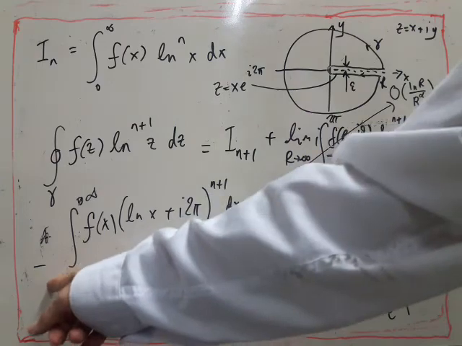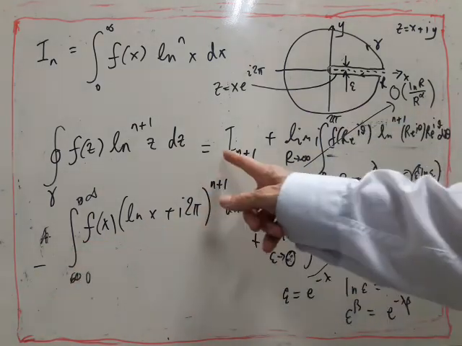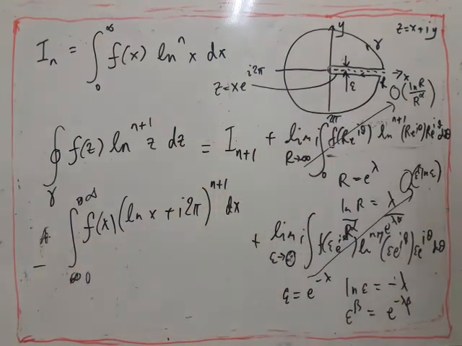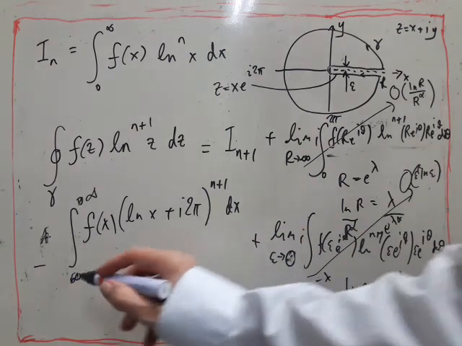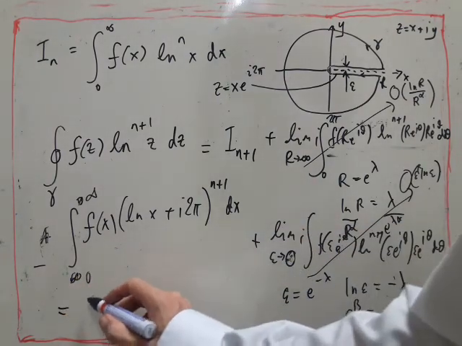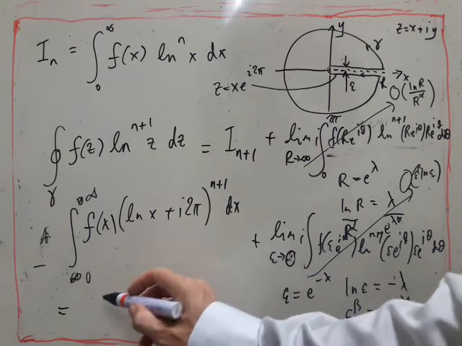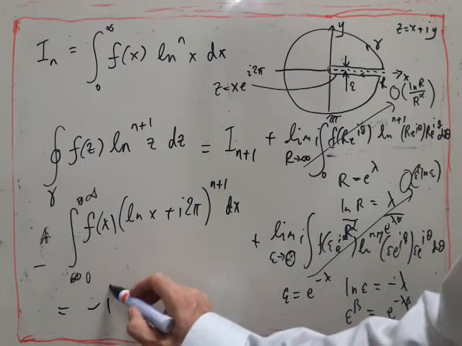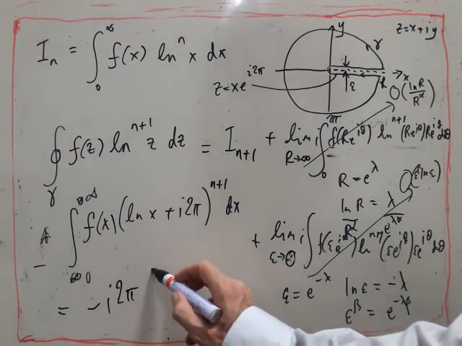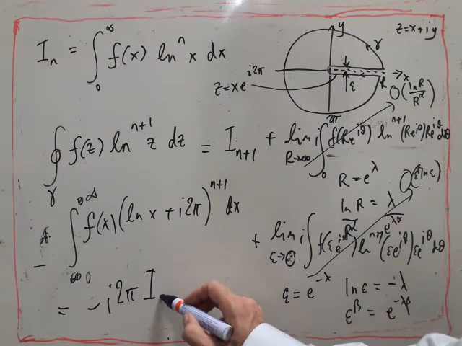But we've got a minus sign. So the first term in this expansion will cancel exactly this I n plus 1. And we'll end up with minus i 2 pi times I naught.